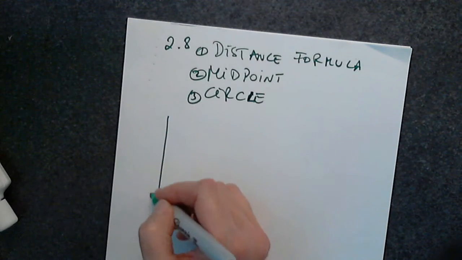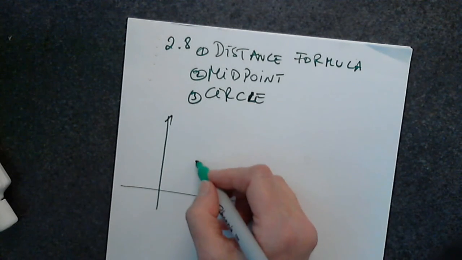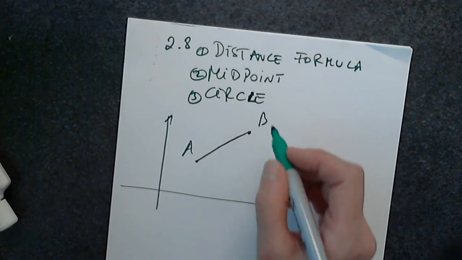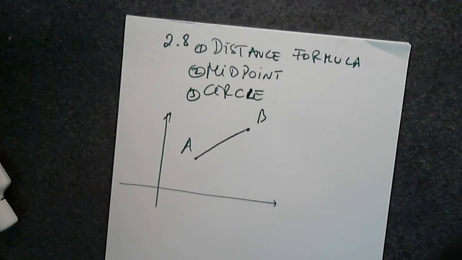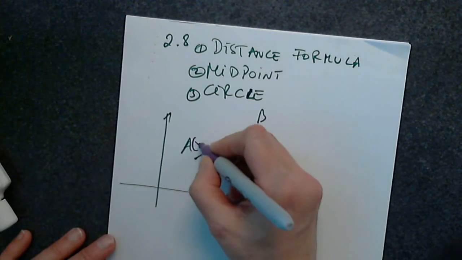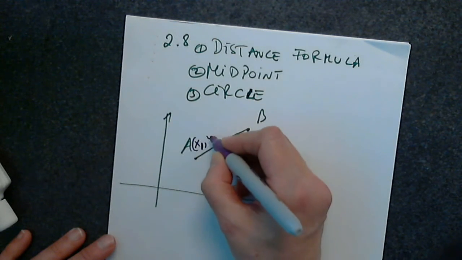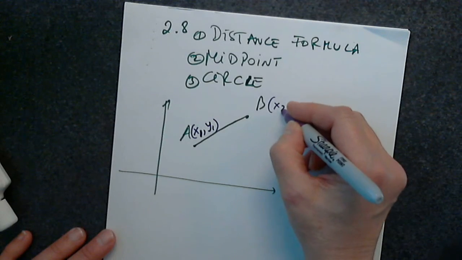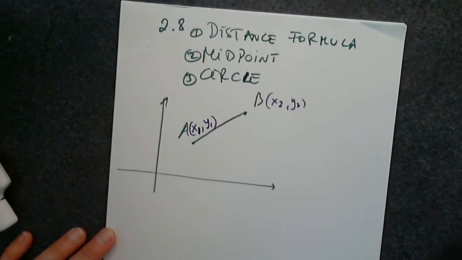Okay, so let's take a look at a line segment between 2 points. This is point A and this is point B. I want to determine the distance. So I'm going to say that A is my first point, so I will denote its coordinates by x1, y1, and point B is the second point, so I'm going to do the same thing.